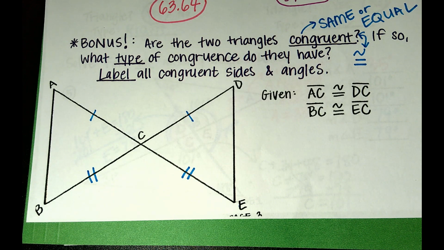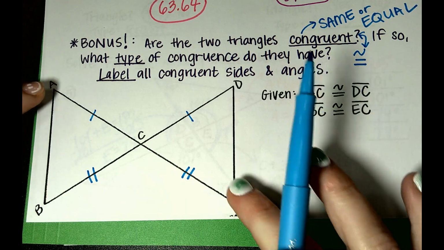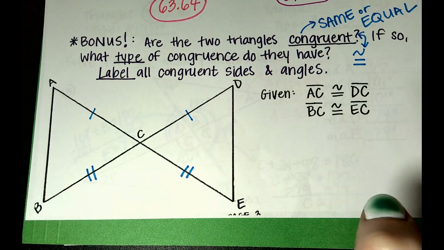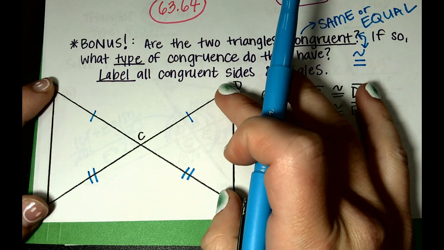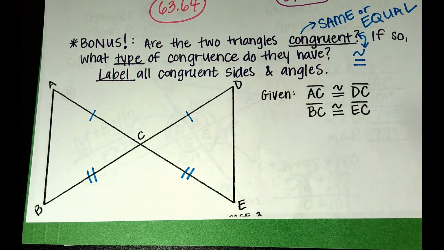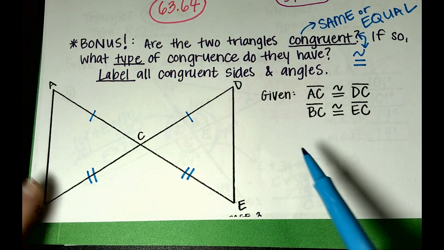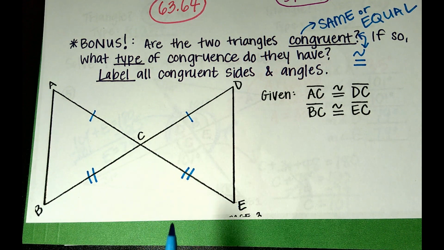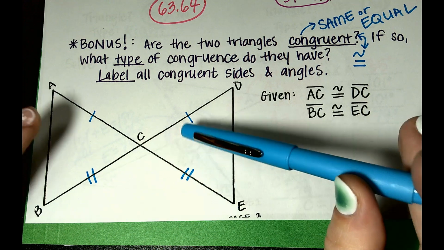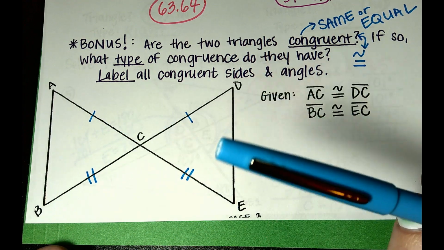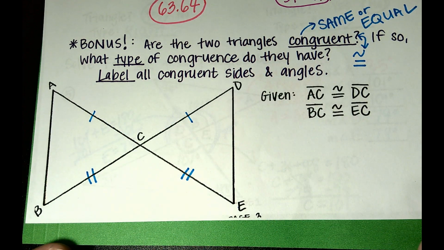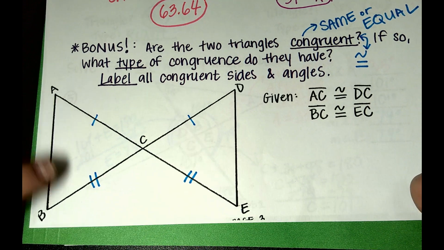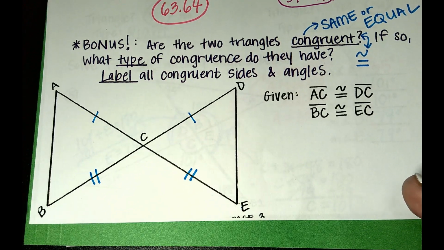Yeah? A and E, B and D, they could be the same, but we don't know that. Now, I didn't label my angles super well. I just labeled the points. But does anybody recognize any angles that might be equal? A and B might be equal. We don't have enough information for that. They look equal, but we don't know.